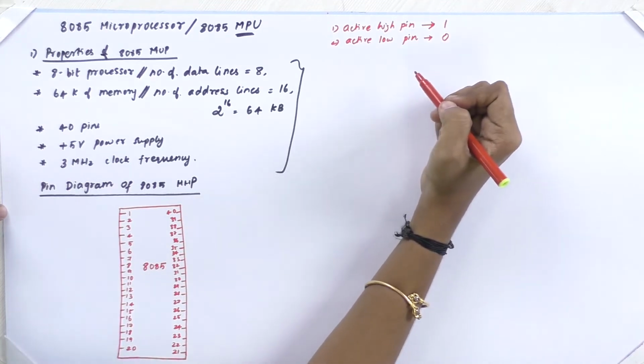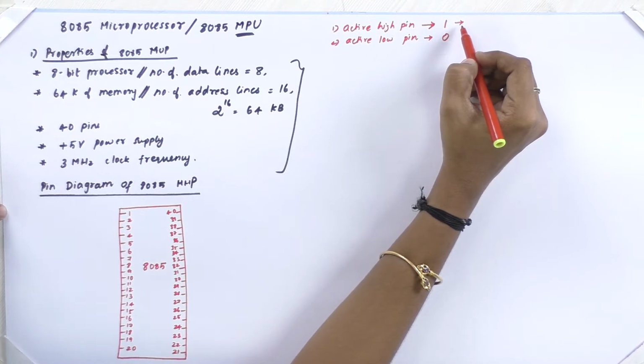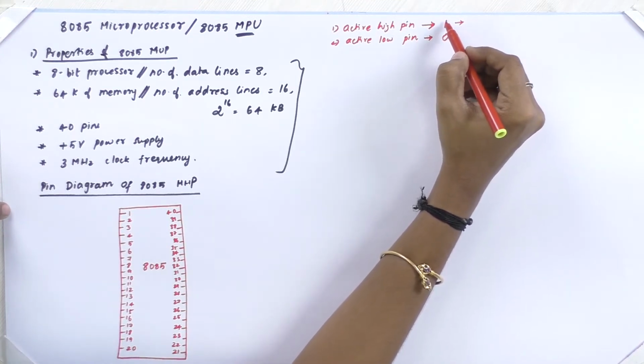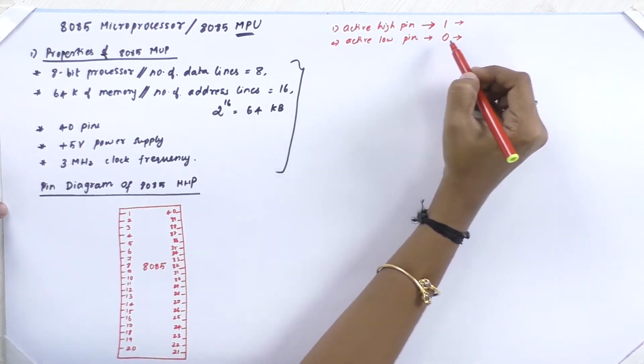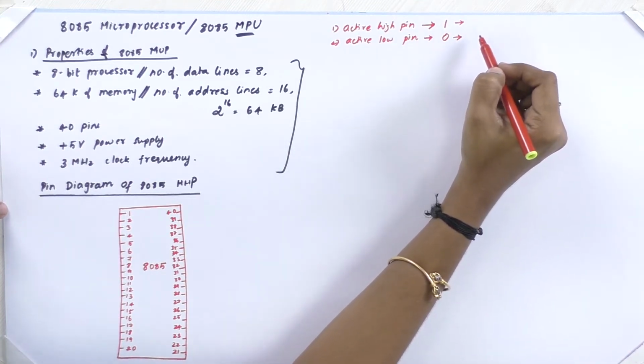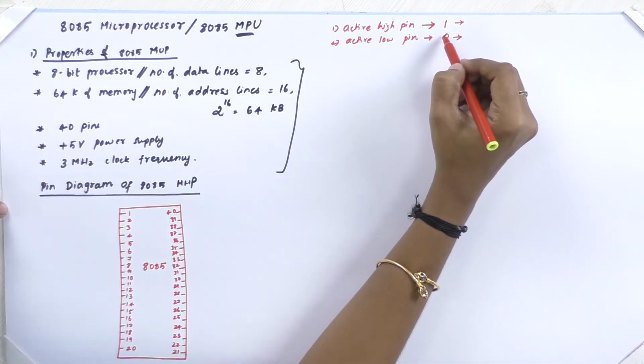It means that an active high pin starts executing its function whenever it receives the value 1, and an active low pin starts performing its function whenever the corresponding bit or signal is set to 0.